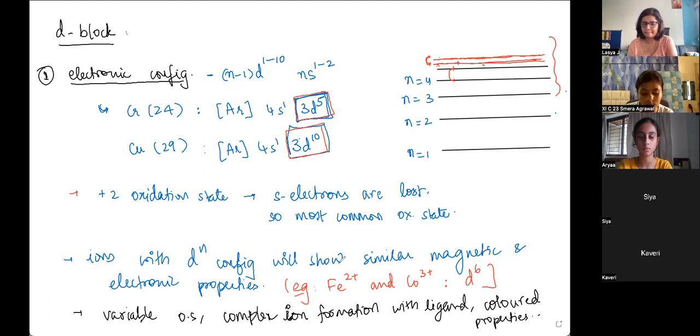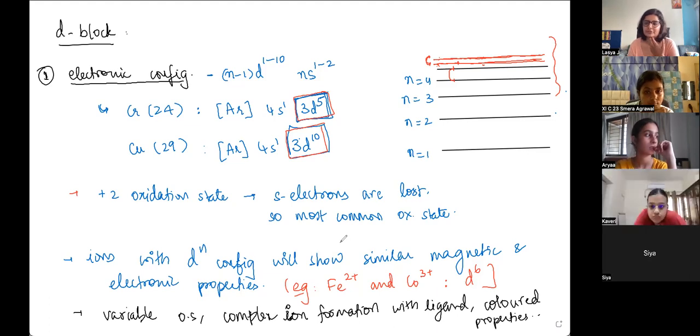Reactivity doesn't depend on the number of orbitals or the number of unpaired electrons in those orbitals. It's not a major factor. It also depends on hydration, ionization energy, size of the atom, and a lot of other things also come into the picture. So you can't predict the reactivity purely based on the number of electrons.